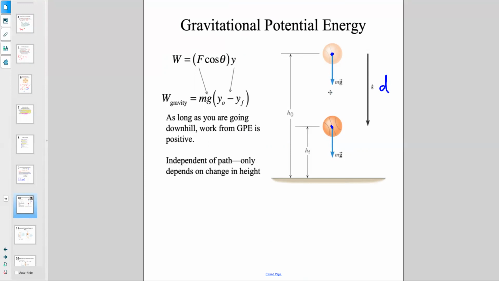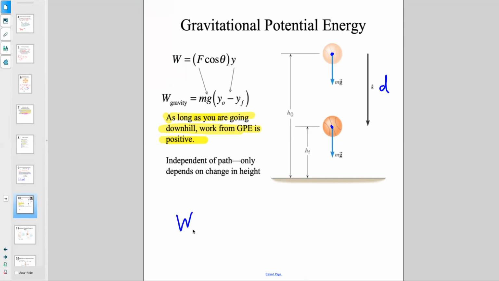As long as you're going downhill, work from gravitational potential energy is positive. This is also another very important factor. So as long as you are going downhill, the work done by gravitational potential energy is positive, independent of the path, only depends on the change in height.